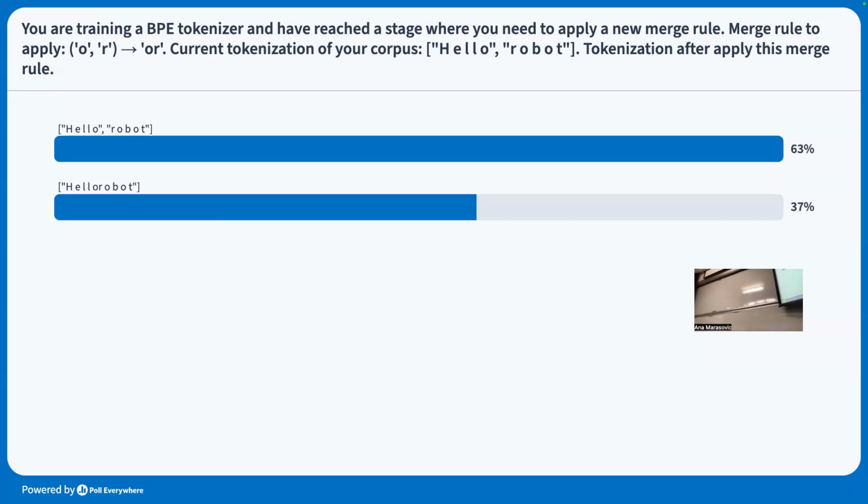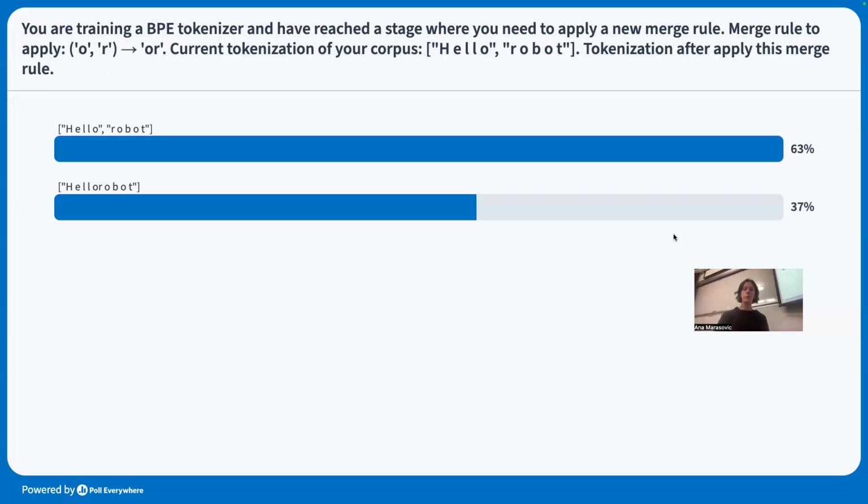There's also another issue with the second option, where I have created basically a whole new word out of the original words. When you are implementing this in your homework assignment, I recommend that you tokenize word by word into subwords, so you would never see something like this.